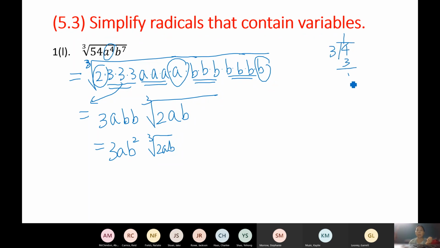That tells me that I can only get 1 group of 3 with 1 left. So that's why I have 1 group of 3 A's. When we take them out, we're just going to get a single A. And for 7 copies of B, we divide them into groups of 3. So that gives me 2 groups of B's, B squared. And there's a single one left under the radical sign. Okay, so that's the quick way without expanding everything.